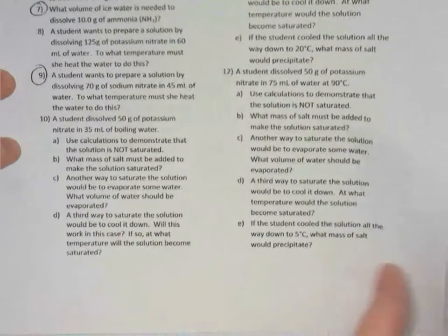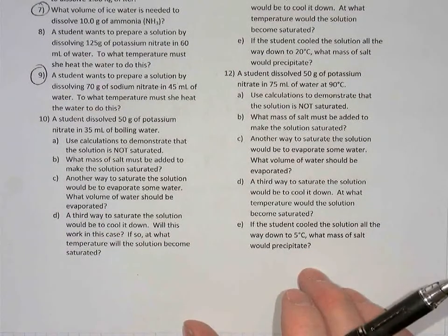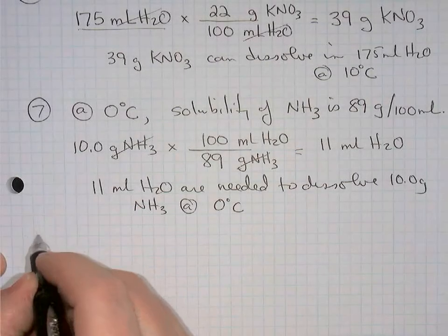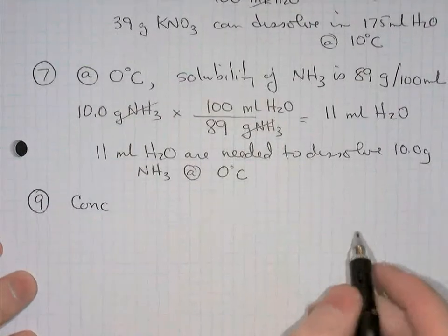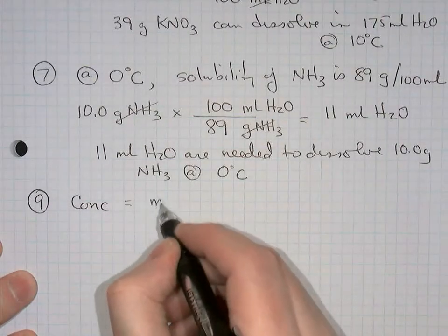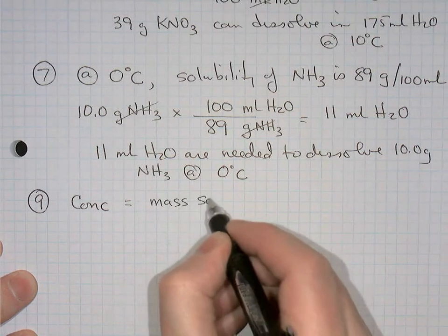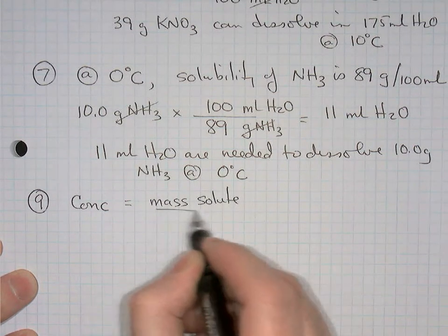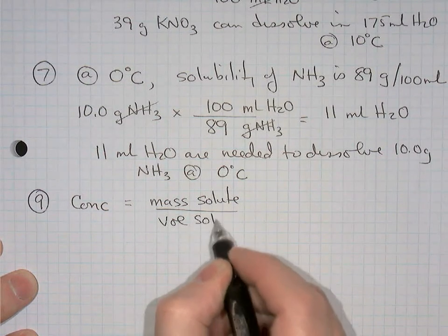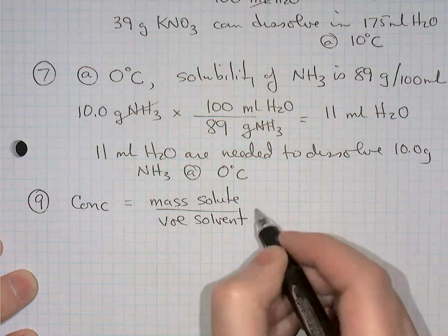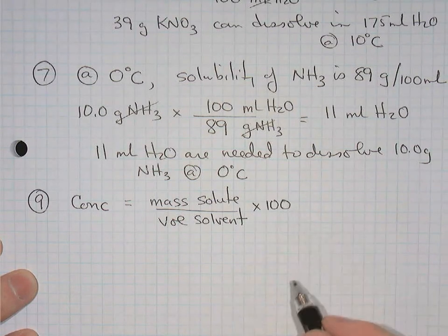Let's see why. The first thing I'm going to do, since I know the mass of sodium nitrate and the volume of water, is calculate the concentration of the solution that the student is trying to make. So for question number 9, concentration, we have a formula for this, is equal to the mass of the solute, in this case the mass of the salt, divided by the volume of the solvent, in this case volume of water, and multiply that by 100.